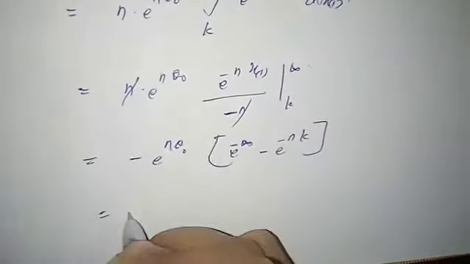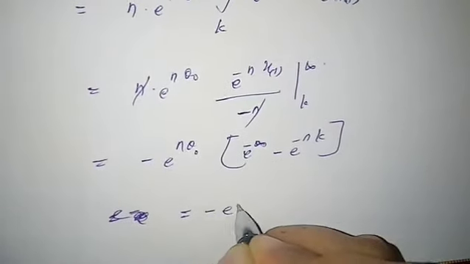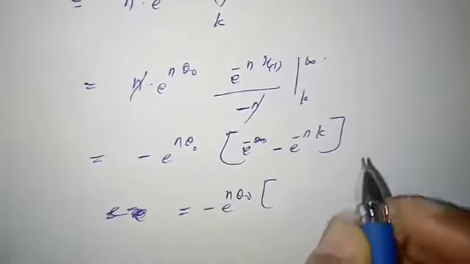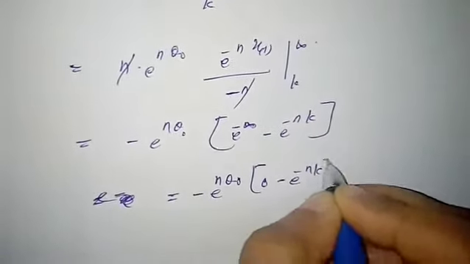e power minus infinity is 0, so we have 0 minus e power minus n k.